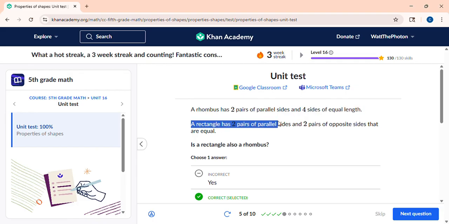A rectangle has 2 pairs of parallel sides and 2 pairs of opposite sides that are equal. Is a rectangle also a rhombus? A square is a rhombus and a rectangle. Thus, a square is, but then a lot of rectangles are not. And 2 pairs of opposite sides are equal.